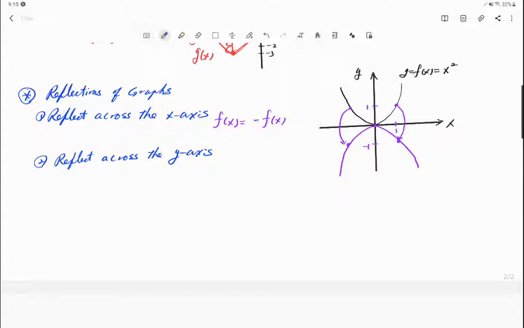What you have to do is put the negative sign on the y value. Very simple. So the new function g of x will be the original function multiplied by a negative sign. That's it.